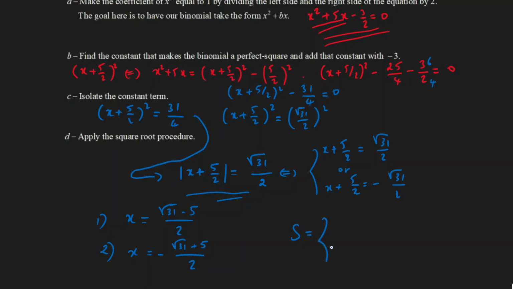The solution is negative square root of 31 minus 5 divided by 2, and we have square root of 31 minus 5 divided by 2.